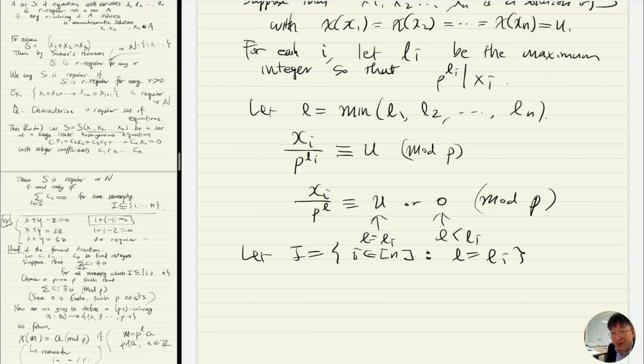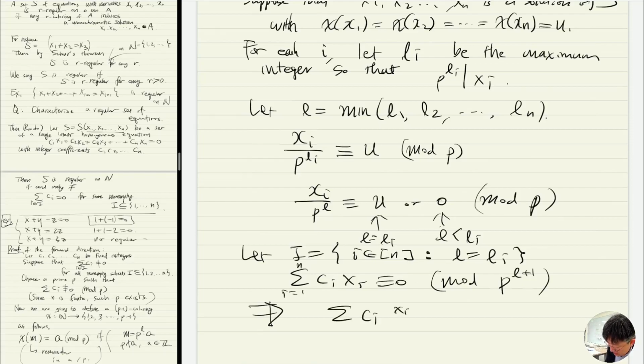Now let's look at the situations. I know that the sum of Ci Xi is 0 modulo P. This implies that, let's say modulo P to the L plus 1, and all Xi is a multiple of P to the L, so let's divide.